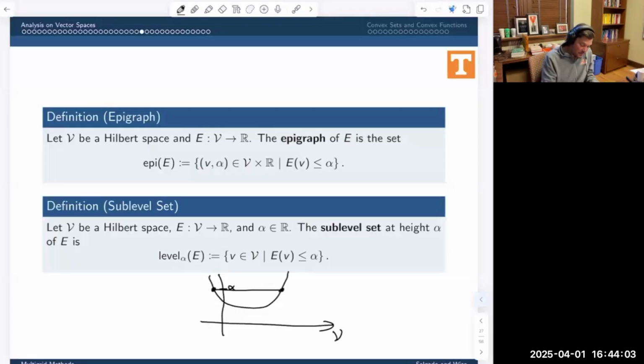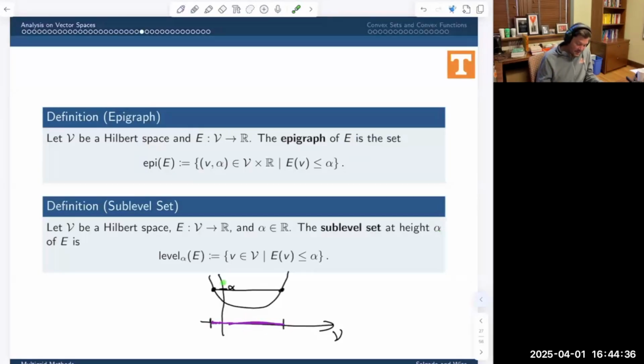And I realize everything in this interval, let's make it a color, everything in that purple shaded interval has the property that E of v is less than or equal to alpha. So this would be the sublevel set at height alpha.